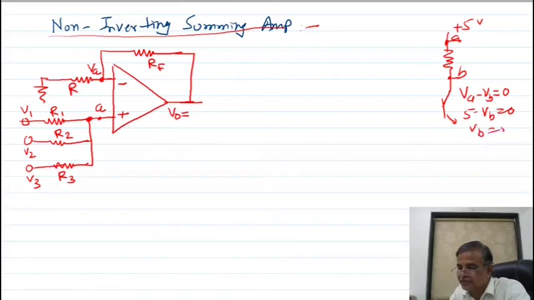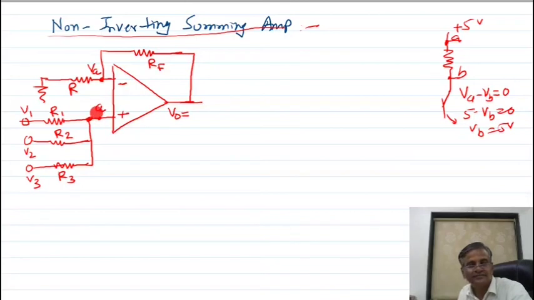So what does it mean? VB is equal to 5 volt. So the potential drop across these two tends to 0, which means this potential and this potential are the same. There is no potential difference. It is possible only when the VA potential and this potential are the same.